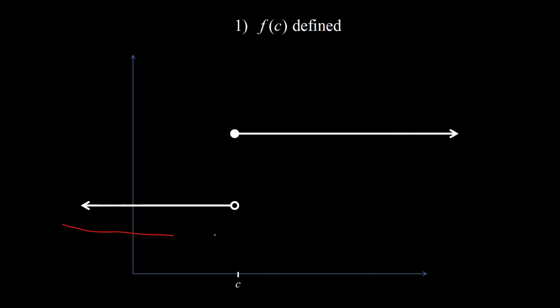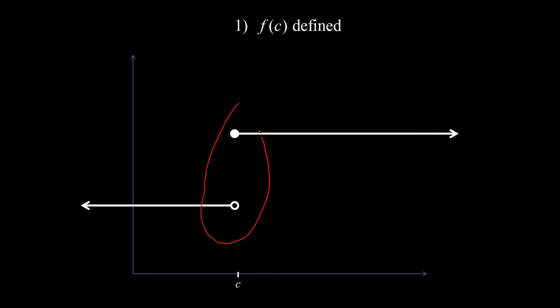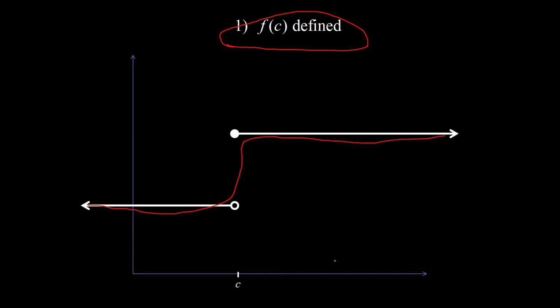But you can see it's been ripped apart right here. And so we say this is discontinuous at c, because the limits are different. However, the function being defined by itself is not enough to give us a solid line. So we need something else.